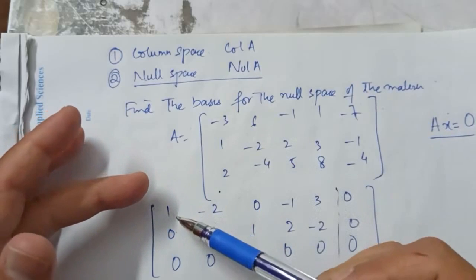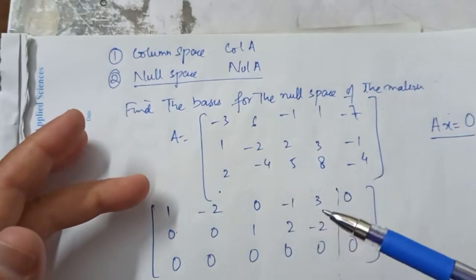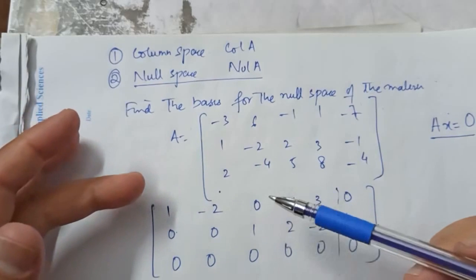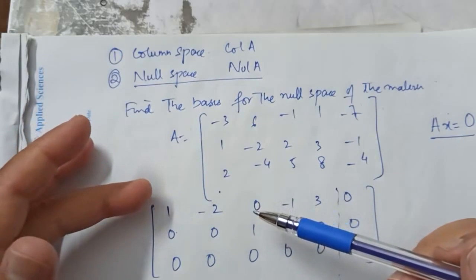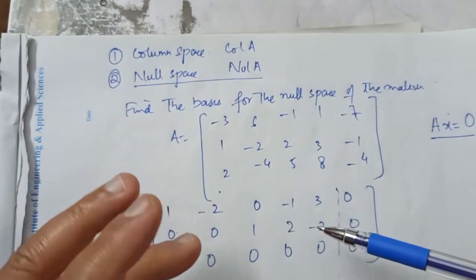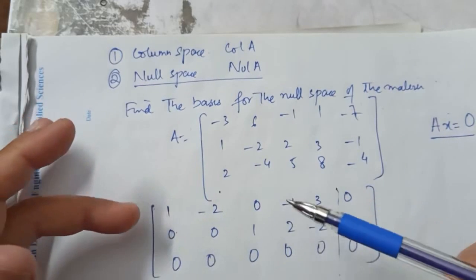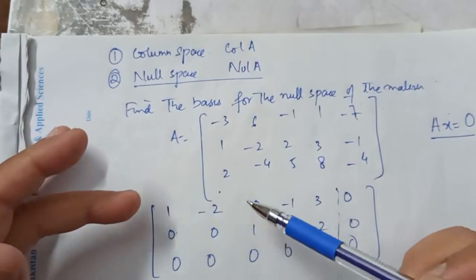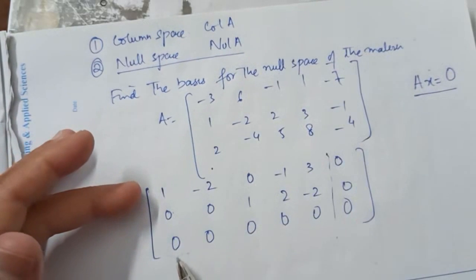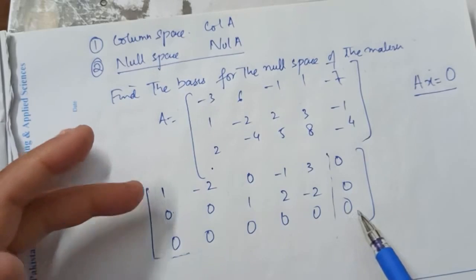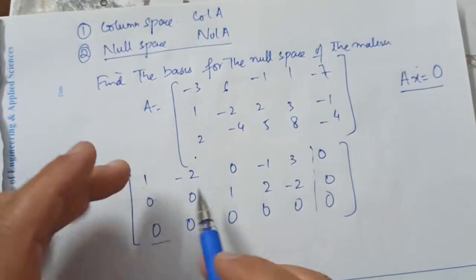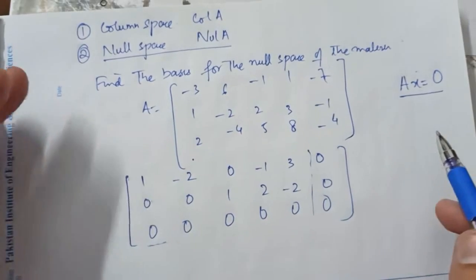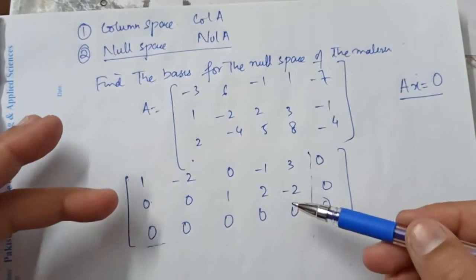Then I carried out the row operations and tried to convert it into a form which gives me a solution for x. When I did that, I found that the last row comes out to 0, and I was left with only these two rows, and I cannot do any further operations.